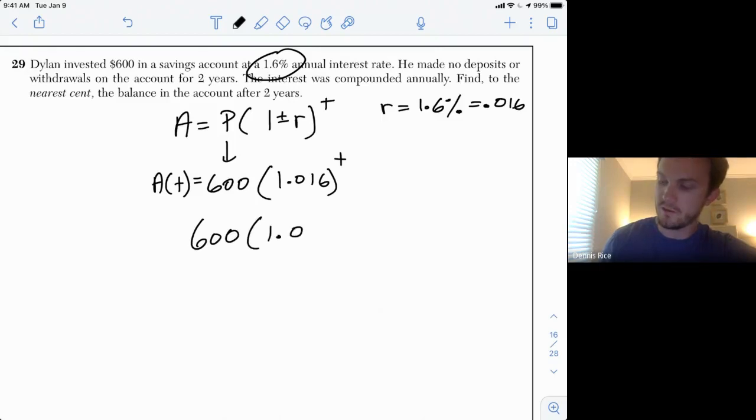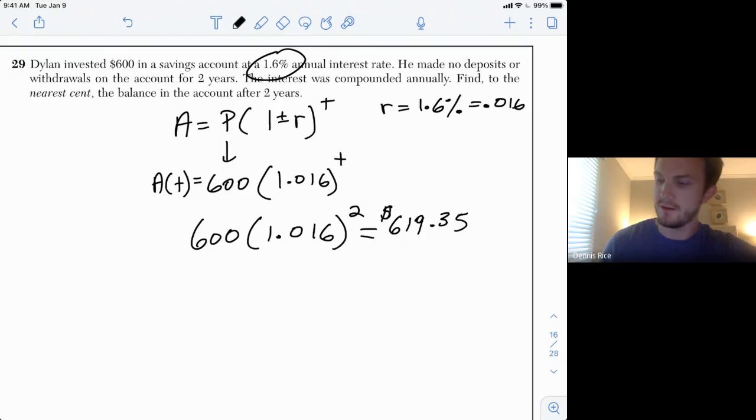You could use y equals. You could use your home screen to the nearest cent. So we got to be precise. Let me pull out my calculator. You guys could do the same. 600 parentheses 1.016 close parentheses to the second power squared. We get $619.35, I believe.